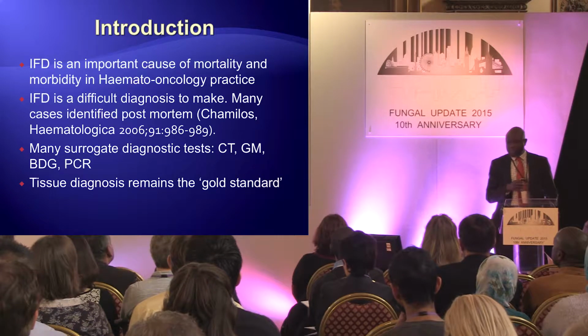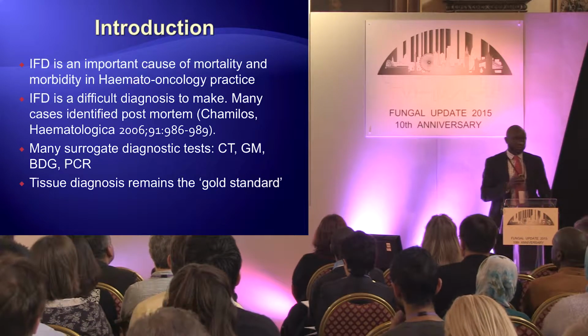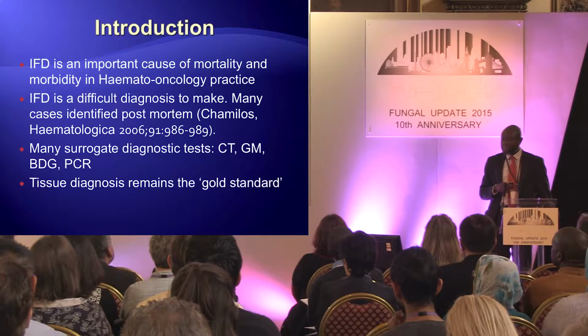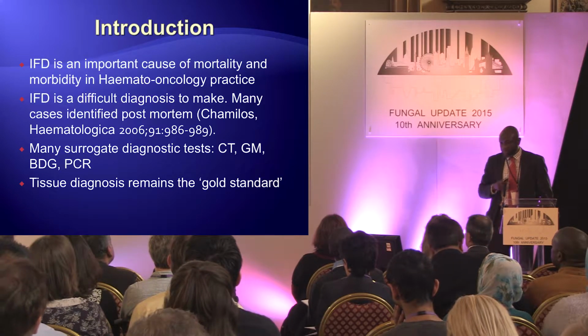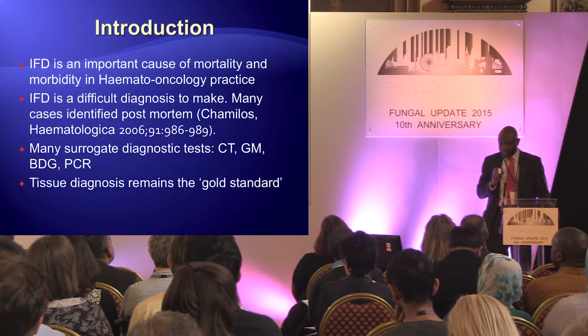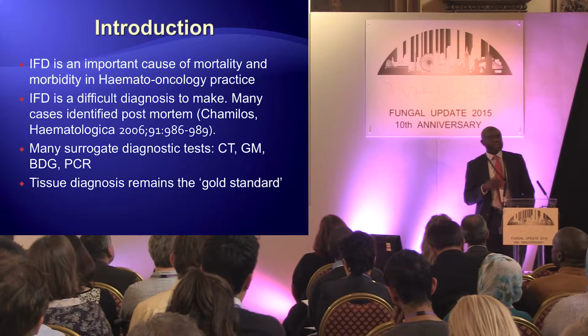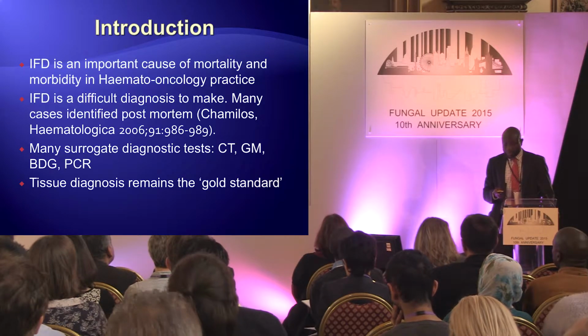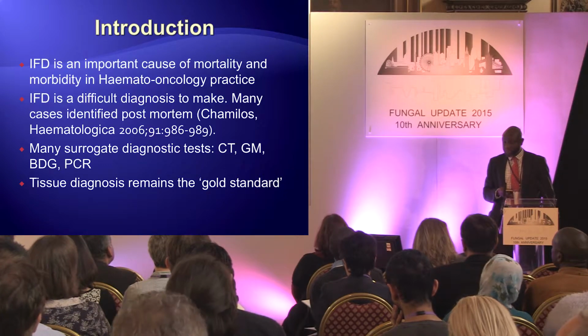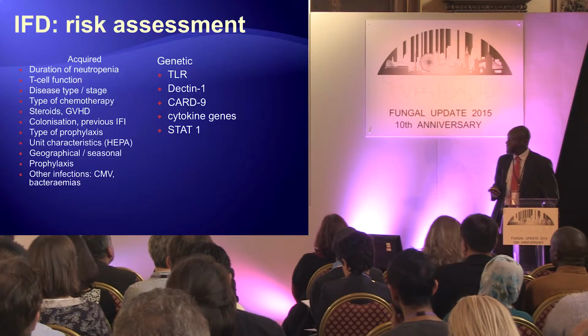There are many surrogate markers available to help with the diagnosis of invasive fungal disease, be it CT scan or other tests, and we'll come back to that in a minute. But the only thing you can be sure of in terms of proving the diagnosis remains tissue diagnosis. I suppose you could argue whether that's the gold standard or not, given the difficulties in getting to that stage.